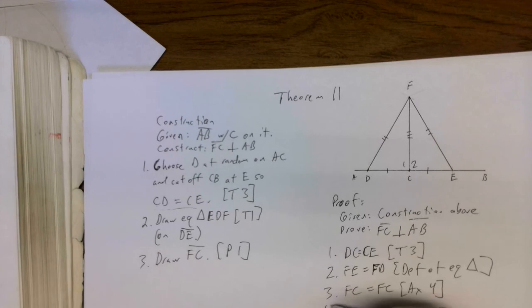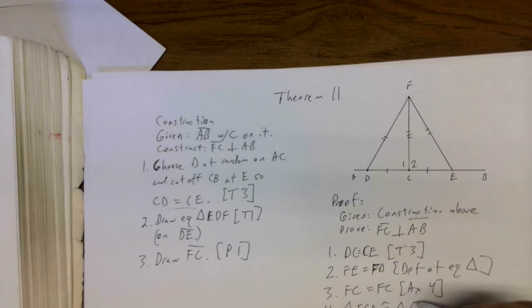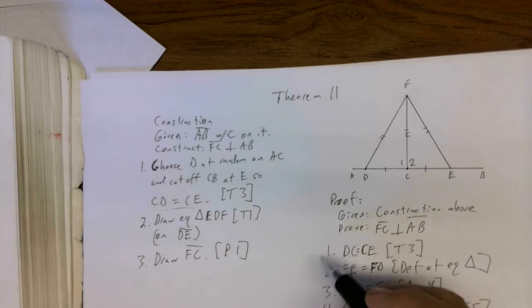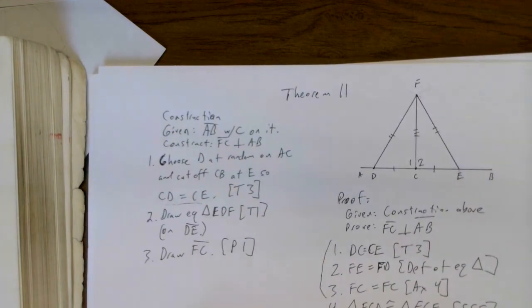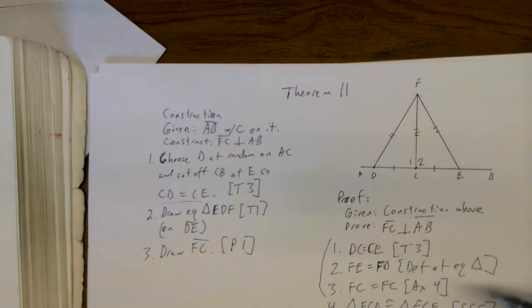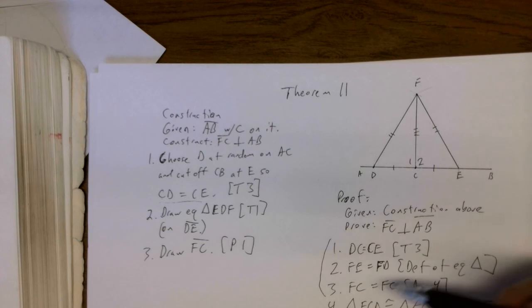Triangle FCD is congruent to triangle FCE by the SSS. And again, I can point out that the order of the first three steps does not matter at all, but you may not do step 4 until these 3 steps have been declared.